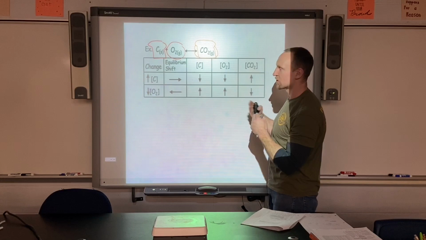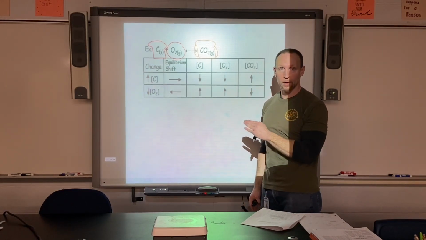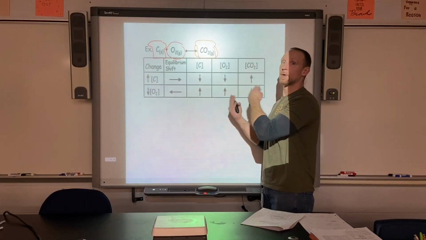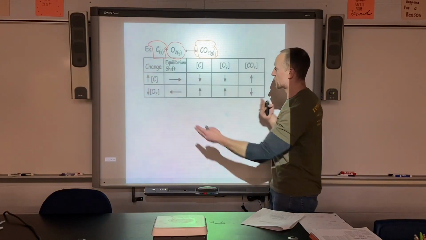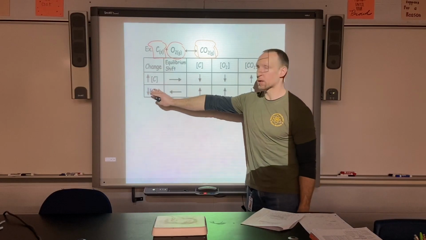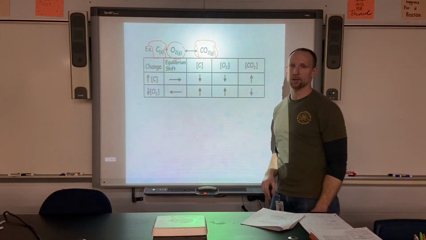So these are not infinite amounts of substances. They're consumable. So using up one to make the other, or vice versa, is really what's going on here. And that's going to affect your concentrations of your substances. So stress is applied, system responds, what are your new concentrations?